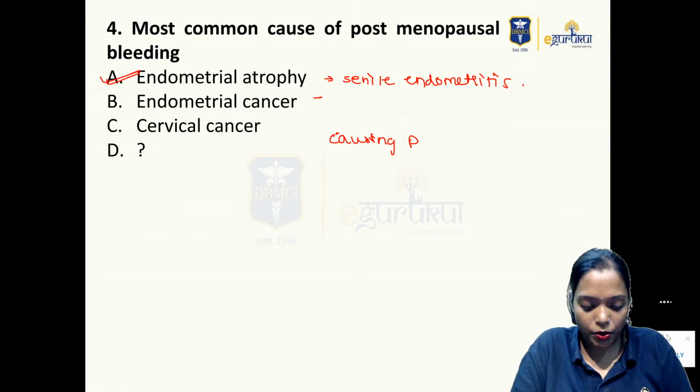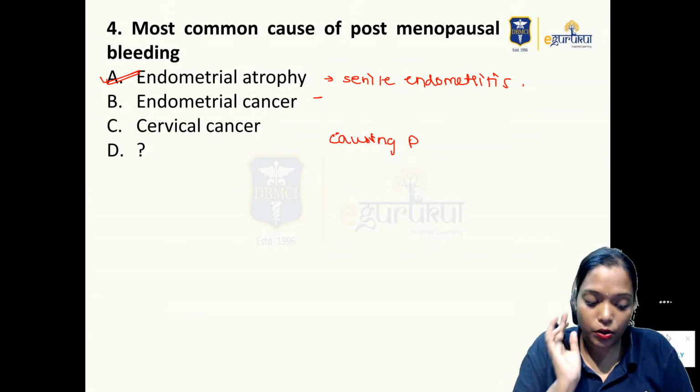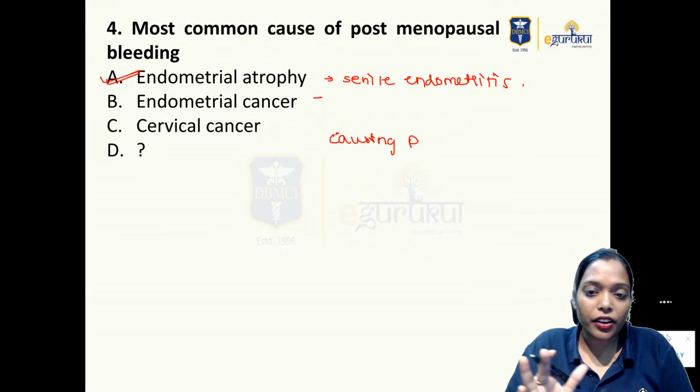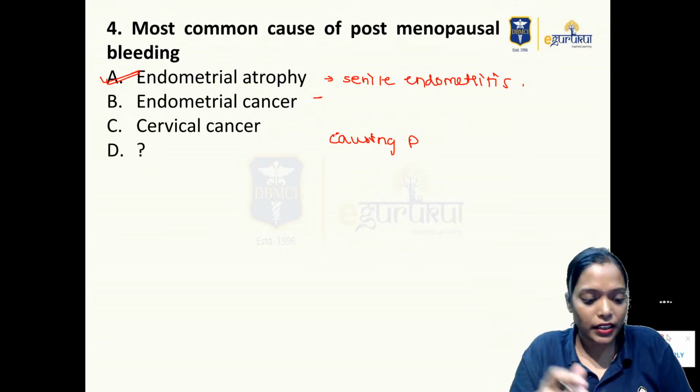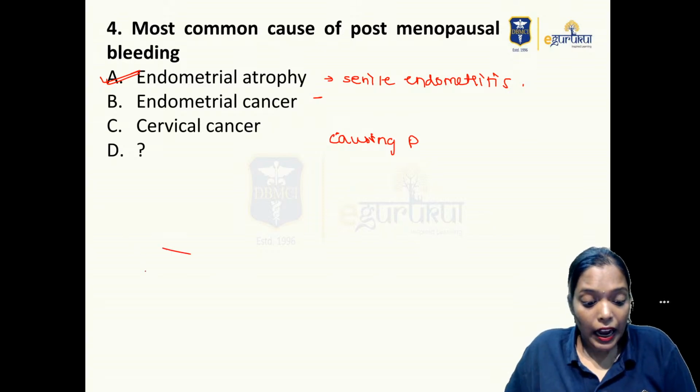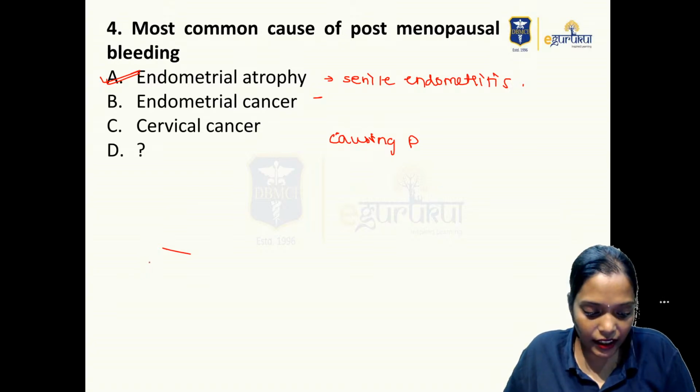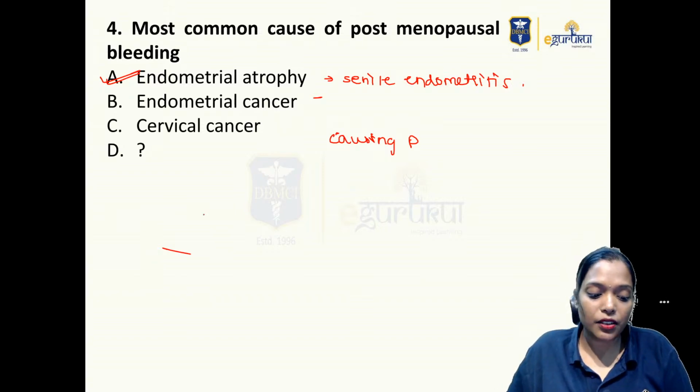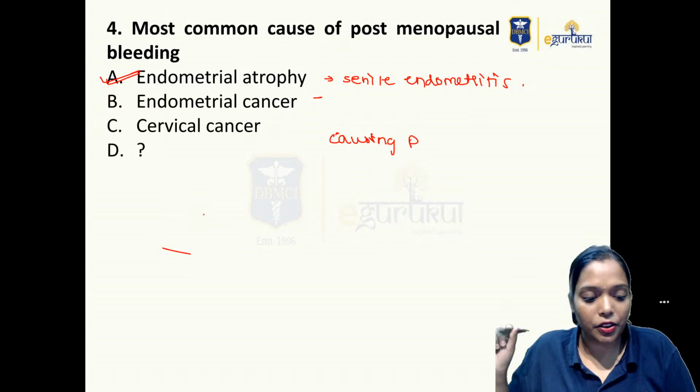You just have to be perfect with your notes to score good marks, right? So the most common cause of postmenopausal bleeding is endometrial atrophy, right? And the most common cancer causing postmenopausal bleeding is cervical cancer in India. Most common cancer causing bleeding in developed countries is endometrial cancer, right?